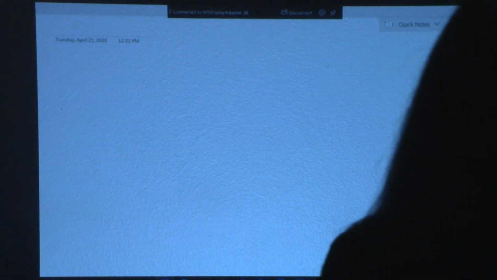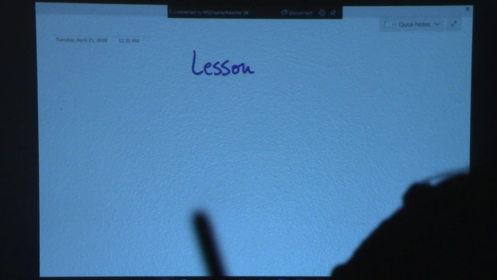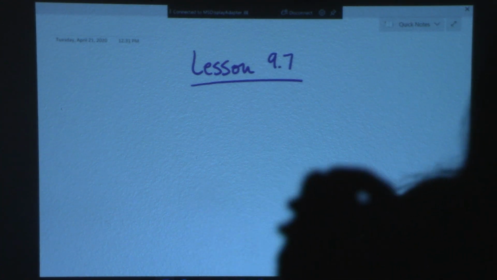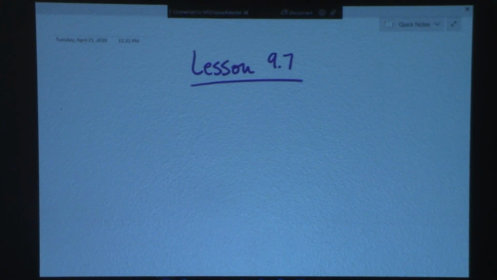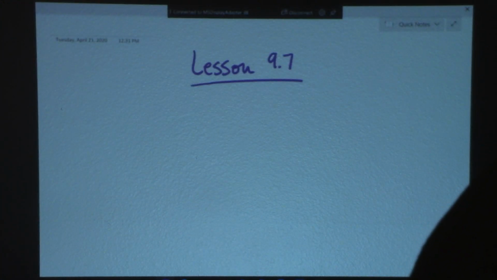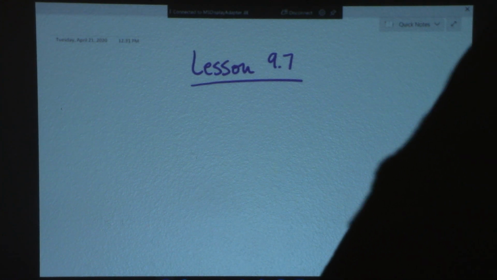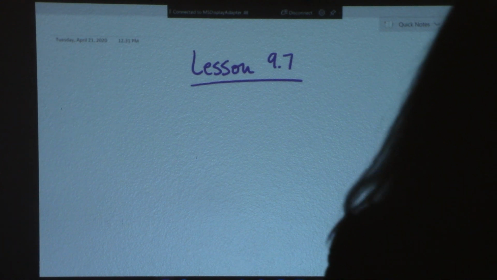Okay, so here we go, lesson 9.7. This is called Discounts, Markups, Sales Tax, and Tips.